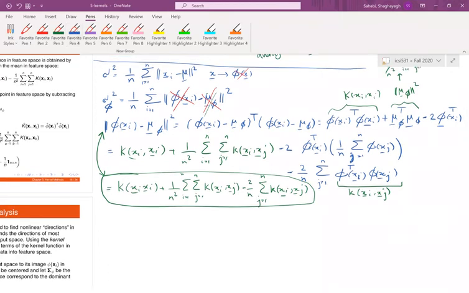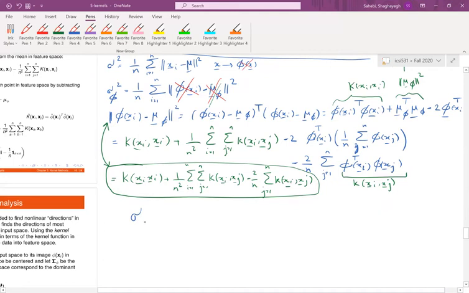So the variance itself was 1 over n sigma i equals 1 to n, this thing that was inside that we calculated.